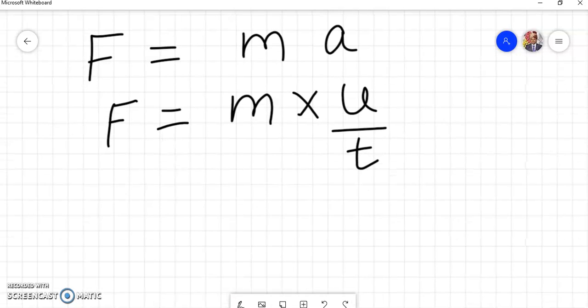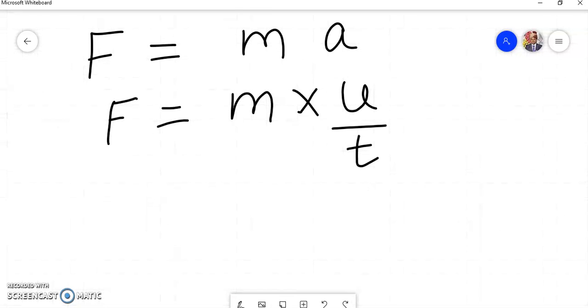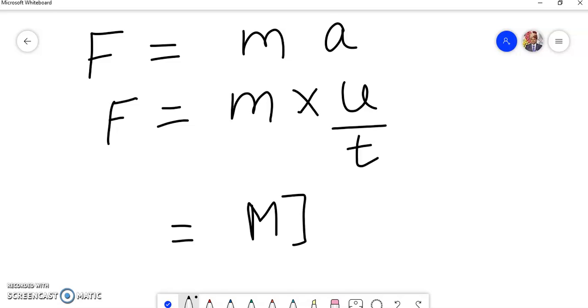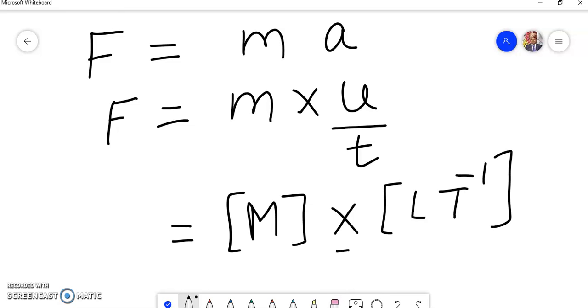Now, how to write the dimensional formula of force? Let us make an attempt. This mass is equal to capital M. This velocity is equal to L into t to the power -1, and this time is again t.